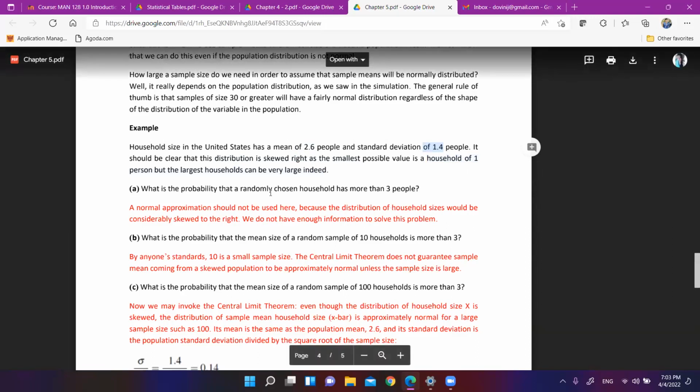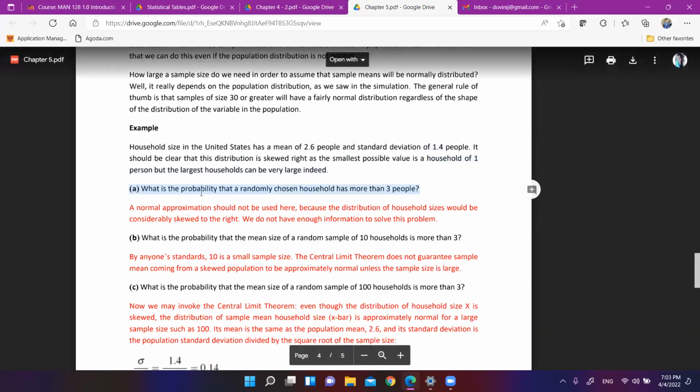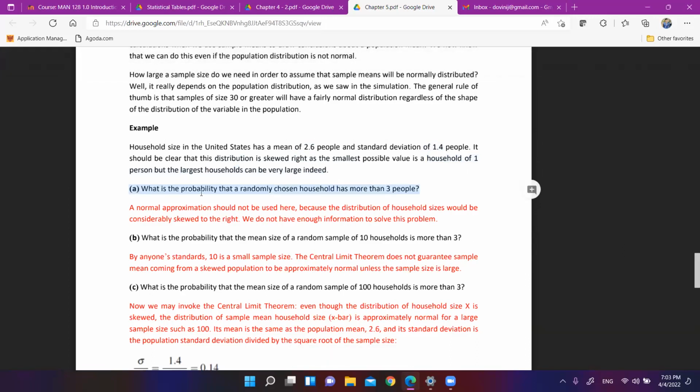What is the probability that the randomly chosen household has more than 3 people? If a question like this is asked, what do we do? Do we know the distribution? We do not know the distribution. It is only said to be right skewed, we do not know if it is normal or anything. We know only some parameter values, mu and sigma.